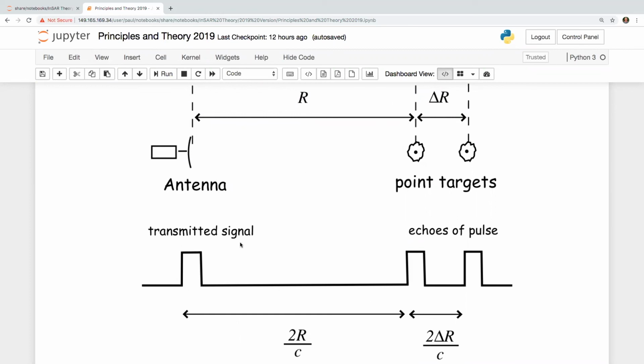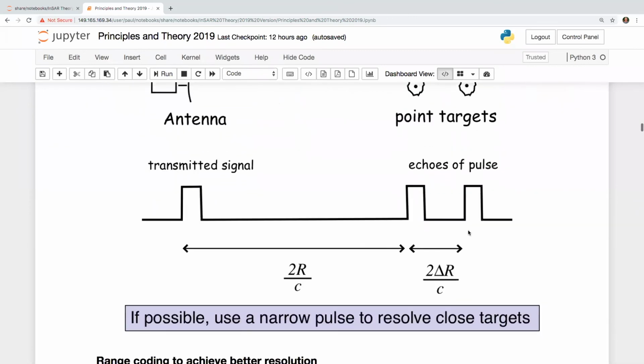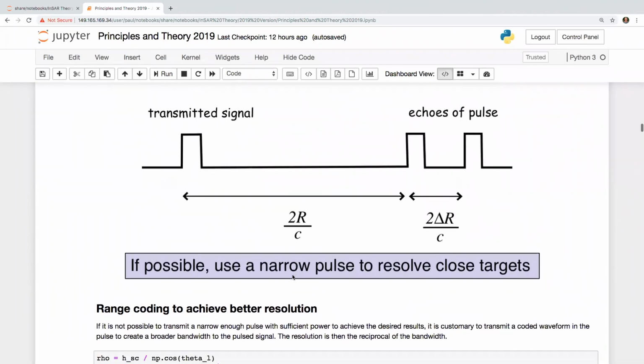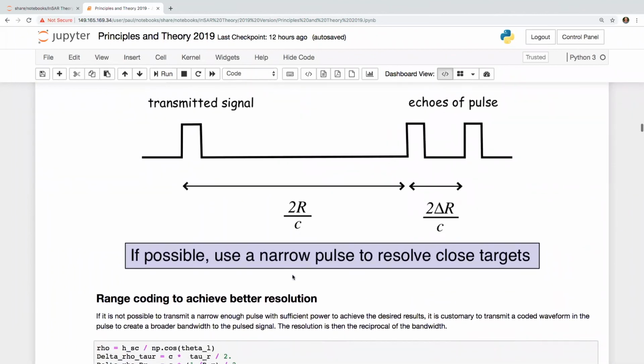And if this is just a point like a mirror, you'll get back an echo that looks something similar to what you transmitted. And the narrower that pulse is, the closer those 2 points can be together for you to be able to discriminate between the two. So resolution in that case is basically determined by the pulse length. So if possible, you can use a narrow pulse to resolve these close targets.